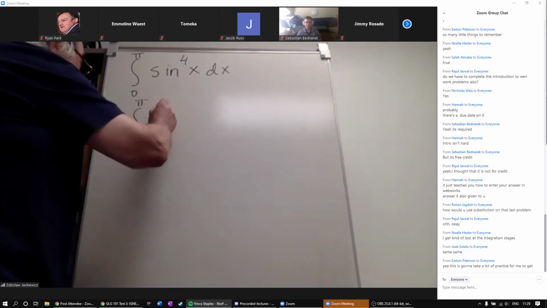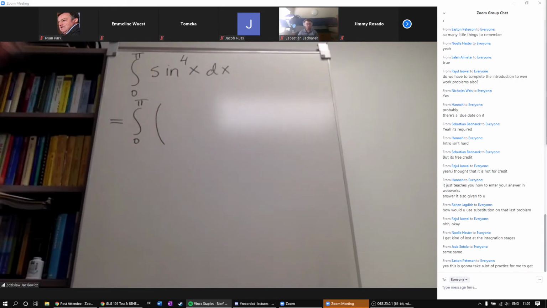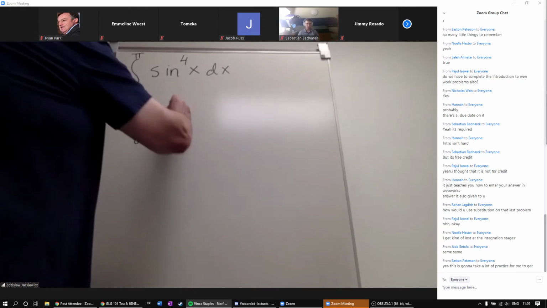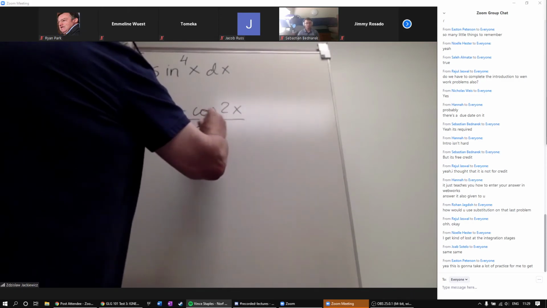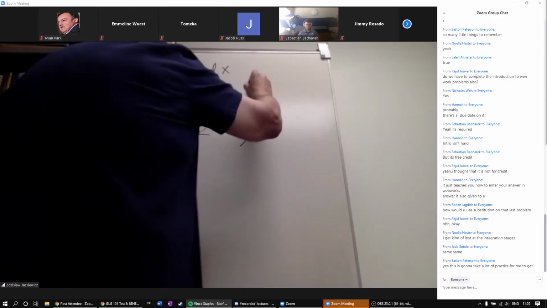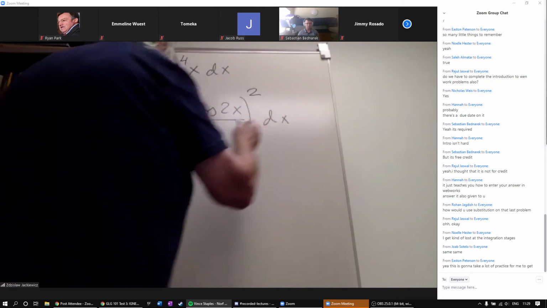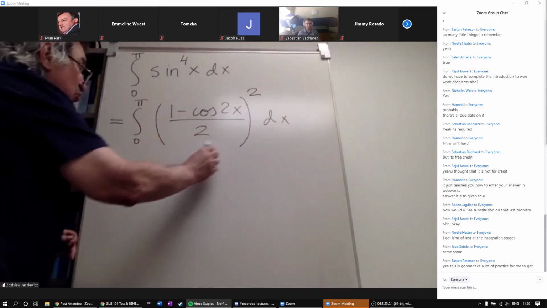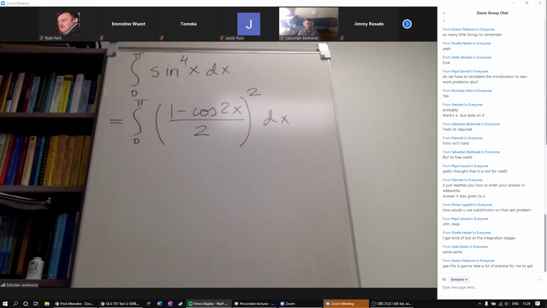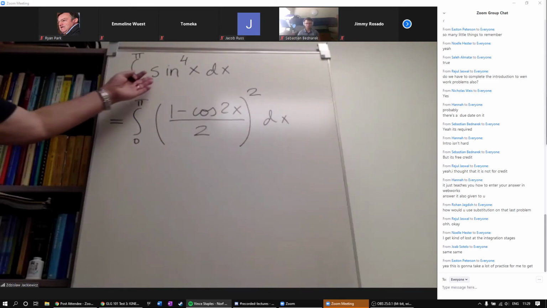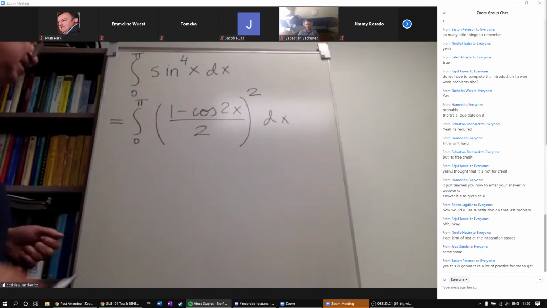Now sine squared using power reduction is 1 minus cosine 2x over 2, squared. So again we use the power reduction formula and we got this.